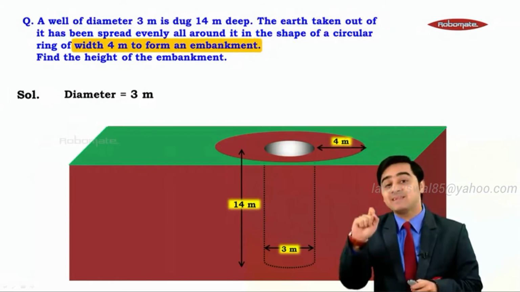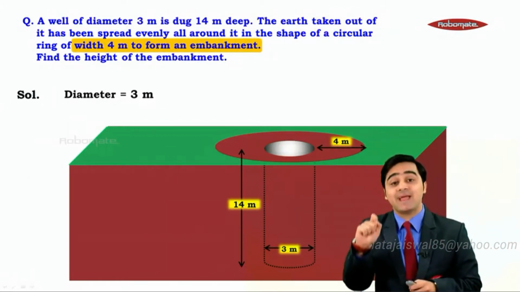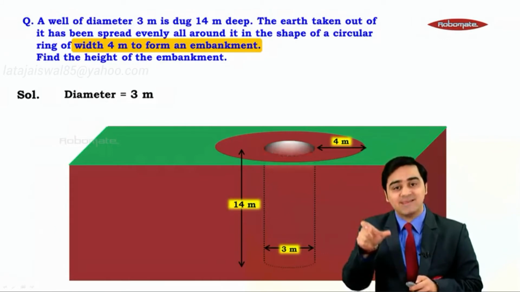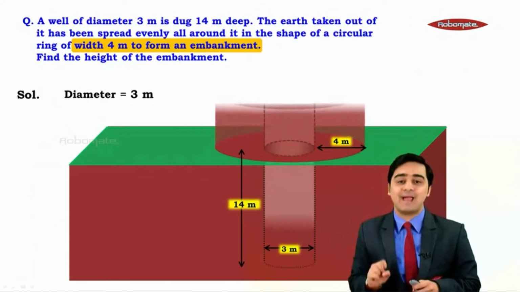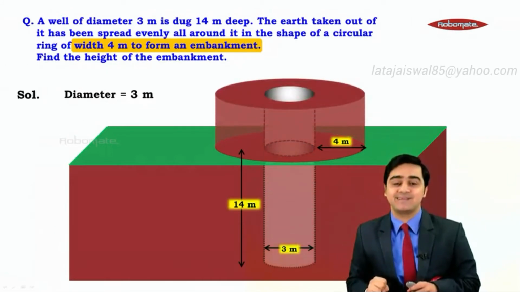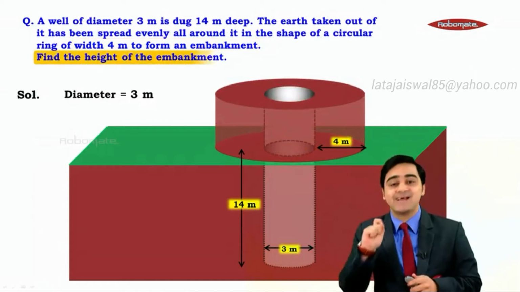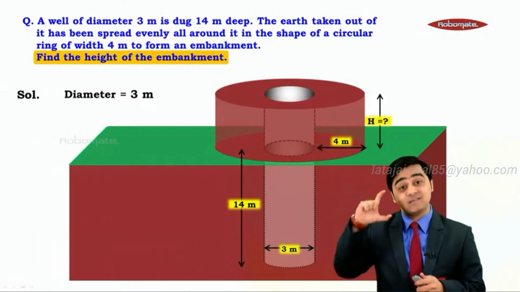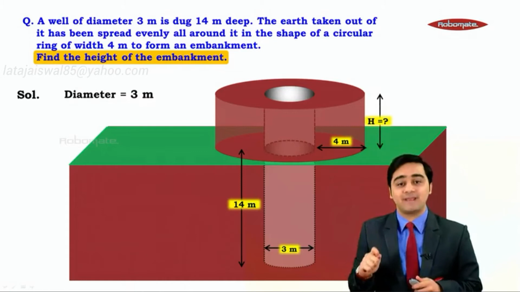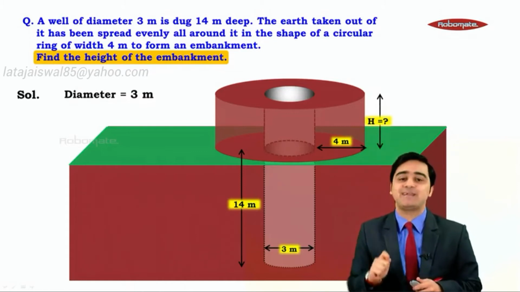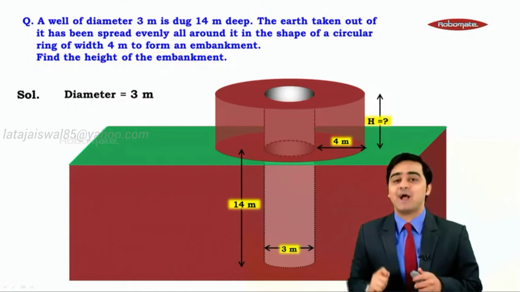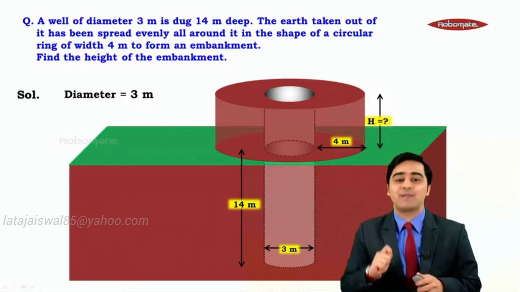Next it says that this circular ring is forming an embankment. So observe, this is the embankment which we have on the screen. It says that find the height of the embankment. So we can say this is the height which we have to find and we have assumed it as capital H.